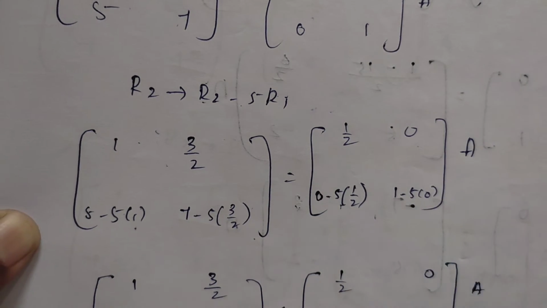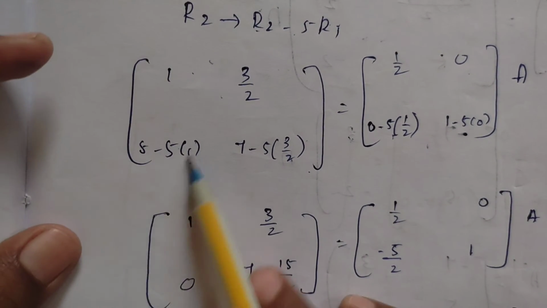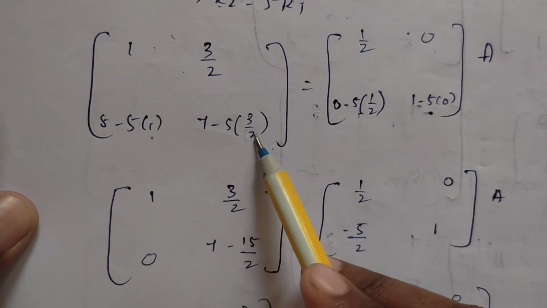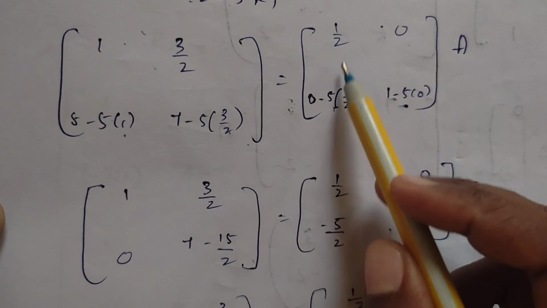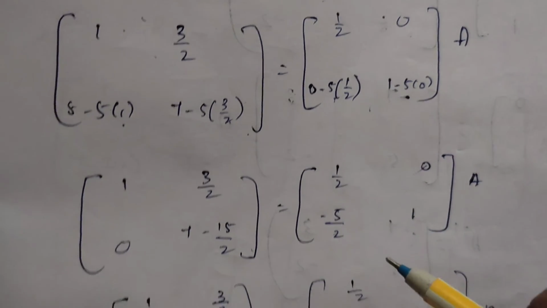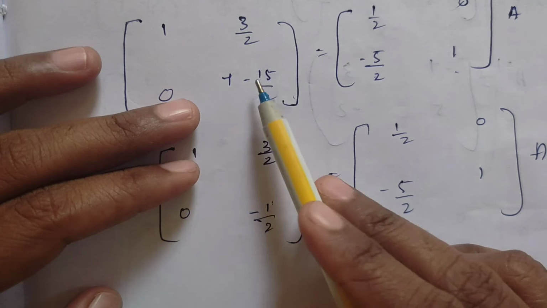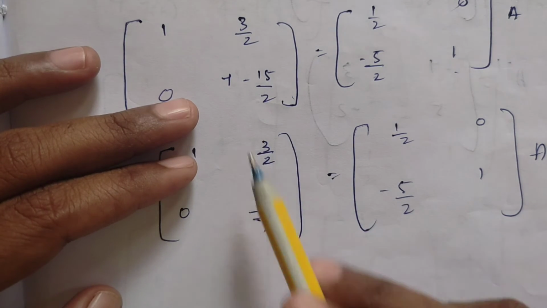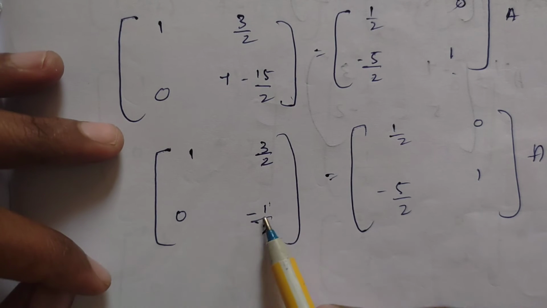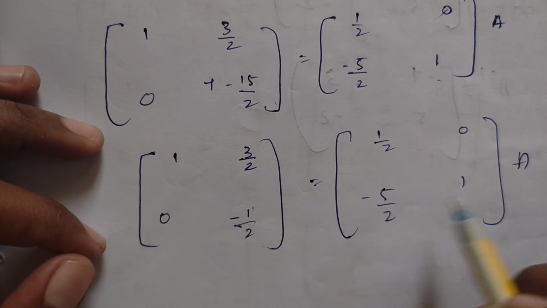Next 1 3 by 2, 5 minus 5 is 0, 7 minus 15 by 2, 1 by 2 0, minus 5 by 2 1. Now solve this: 14 minus 15 by 2, so minus 1 by 2. So [1 3/2; 0 -1/2] equals [1/2 0; -5/2 1] A.